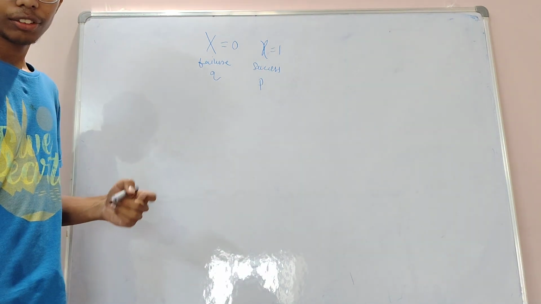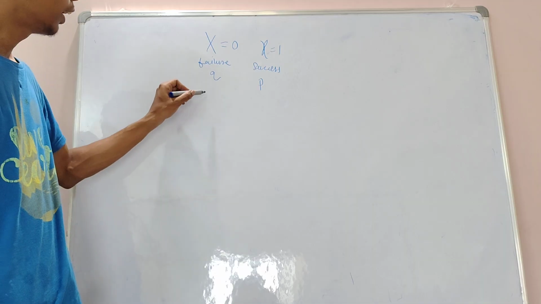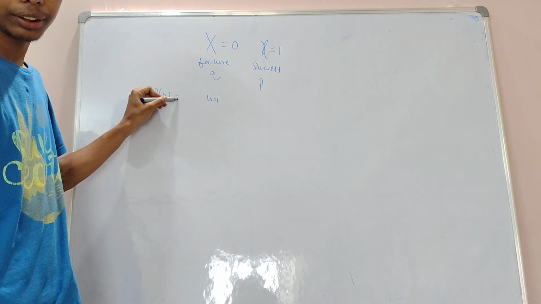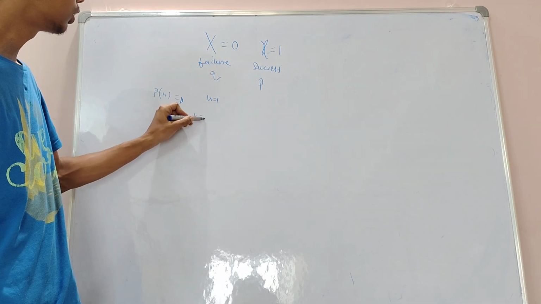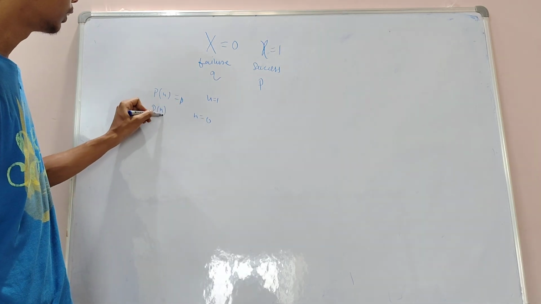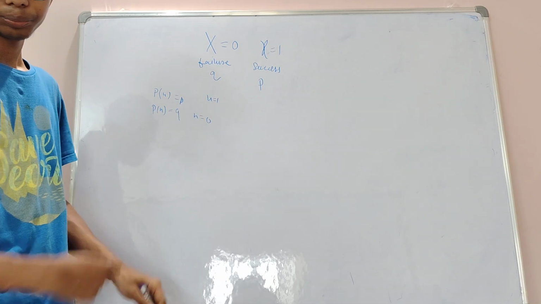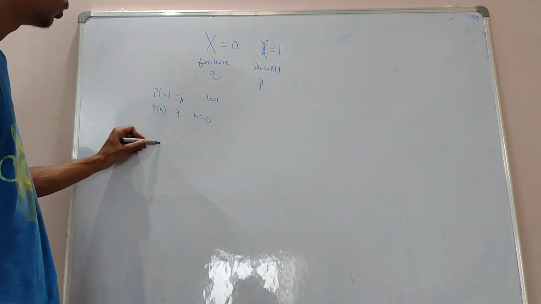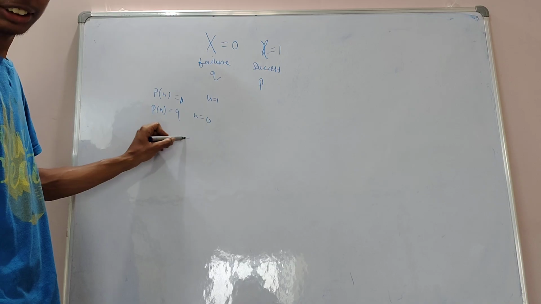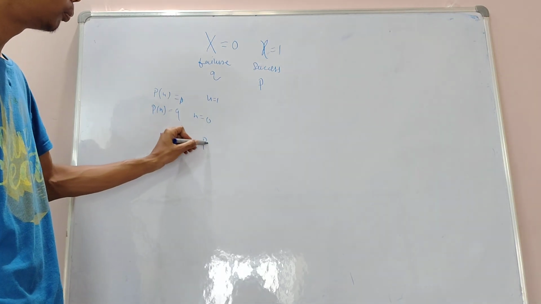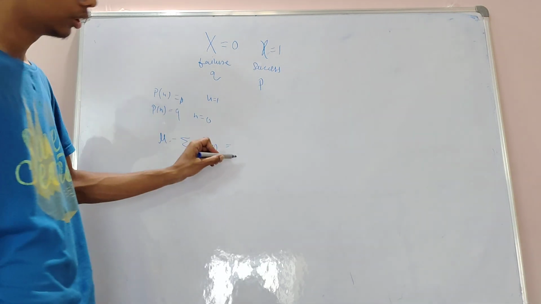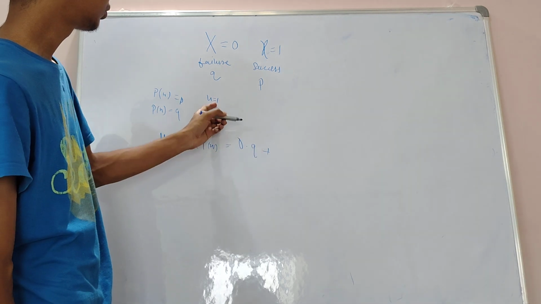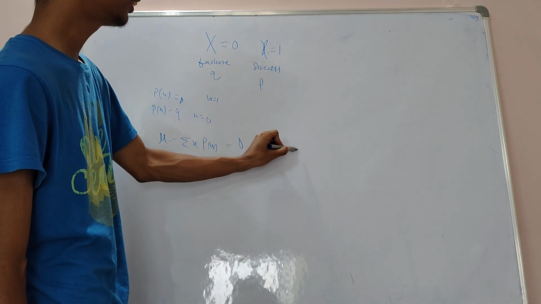Now if x is equal to 1, then p of x is equal to p, and if x is equal to 0, then p of x is equal to q. Now the mean: what is the mean? Mean is the summation of x times p of x. So it will be 0 into q plus 1 into p, that is p.